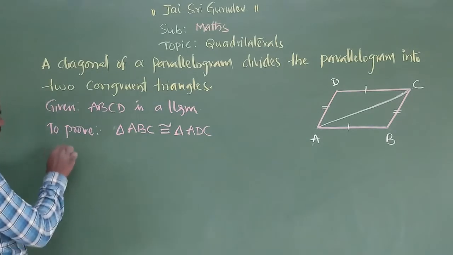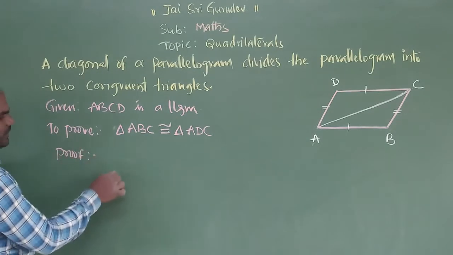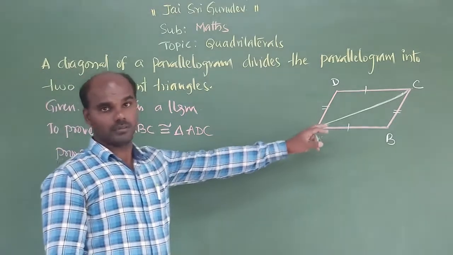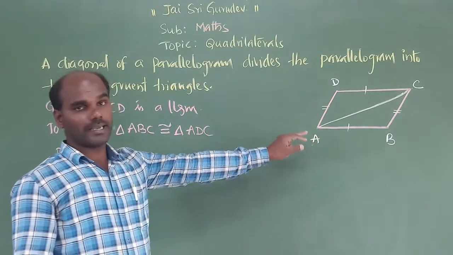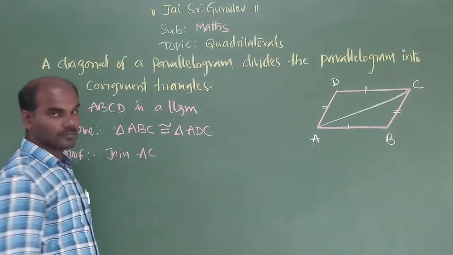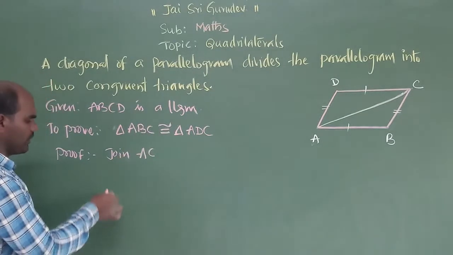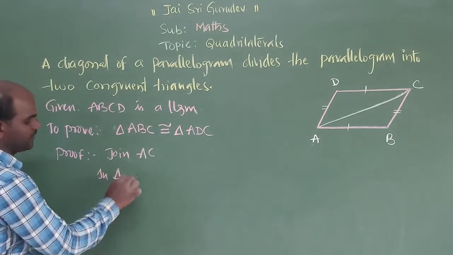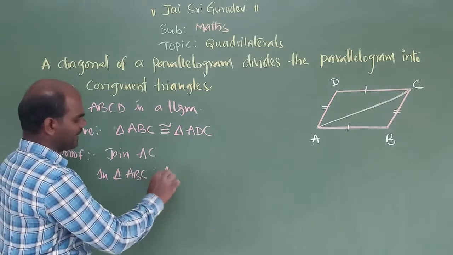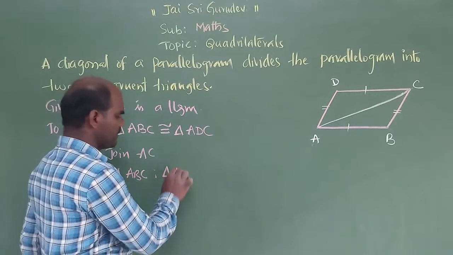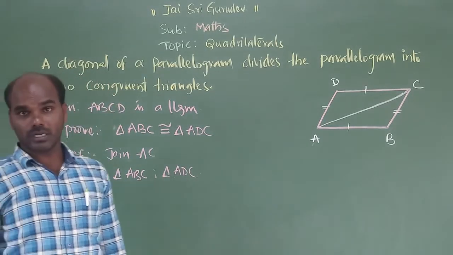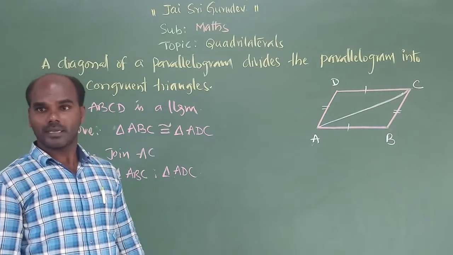Then the proof will become: join. What do we join, children? AC. Okay, because we want to draw the diagonal, therefore join AC. Then, in triangle ABC and triangle ADC, you are observing the two triangles only. Yes. In a parallelogram, opposite sides are equal.